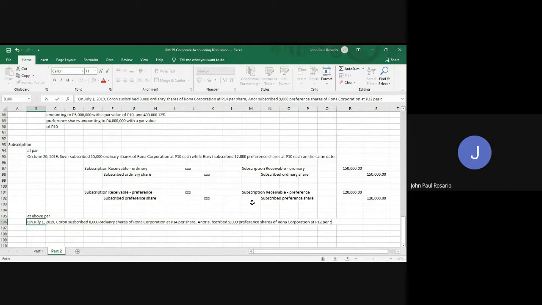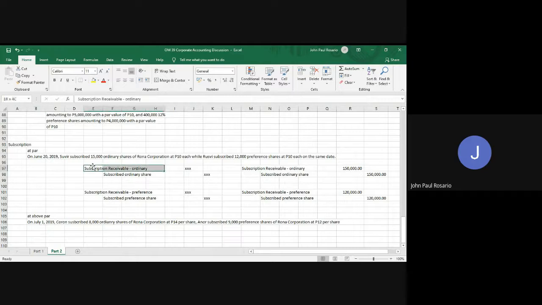So if it is above par value, the pro forma entry would change into this one.